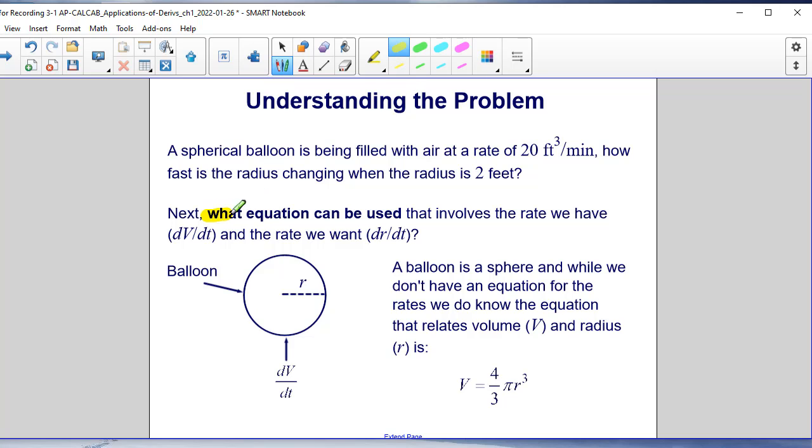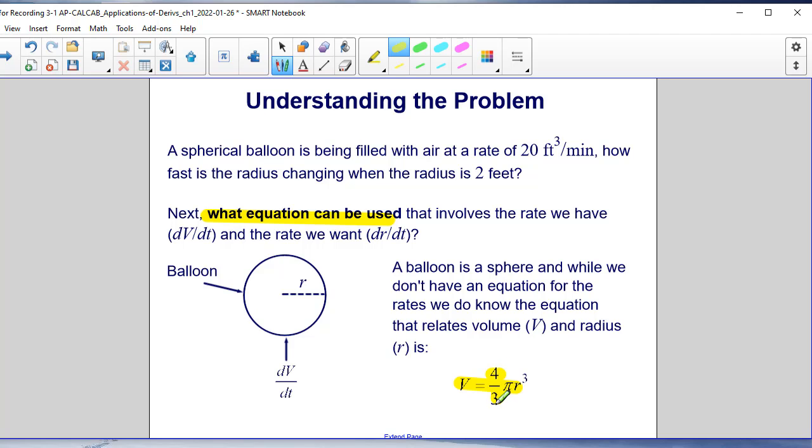Now, we need to come up with an equation that relates dV/dt and dr/dt. So the balloon is a sphere, and while we don't have an equation for the rates, we do know that there is an equation that relates volume to the radius, and that is the volume formula for a sphere, given right here.